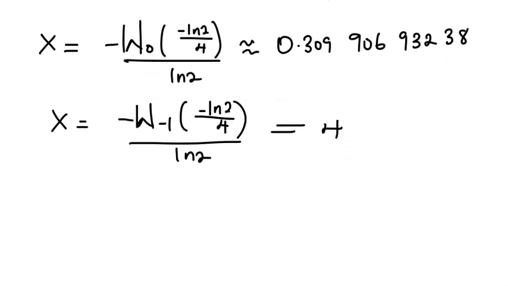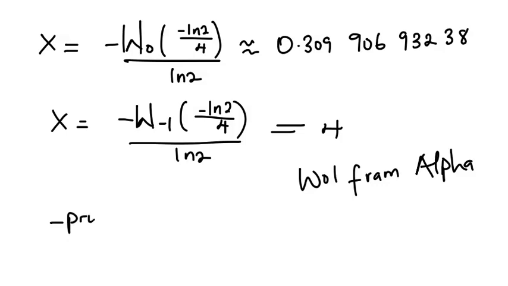But let me tell you something you need to understand. If you want to check the input of this Lambert W function using Wolfram Alpha, I know most of us have the idea of Wolfram Alpha. I don't make use of Wolfram Alpha when I want to evaluate the Lambert W function. I simply have a calculator which helps me to get the approximate values very nicely. So for you to get this in Wolfram Alpha, you can write negative product log, so this is the same as product log in this way. Then you have to put the 0 here, then put a comma.